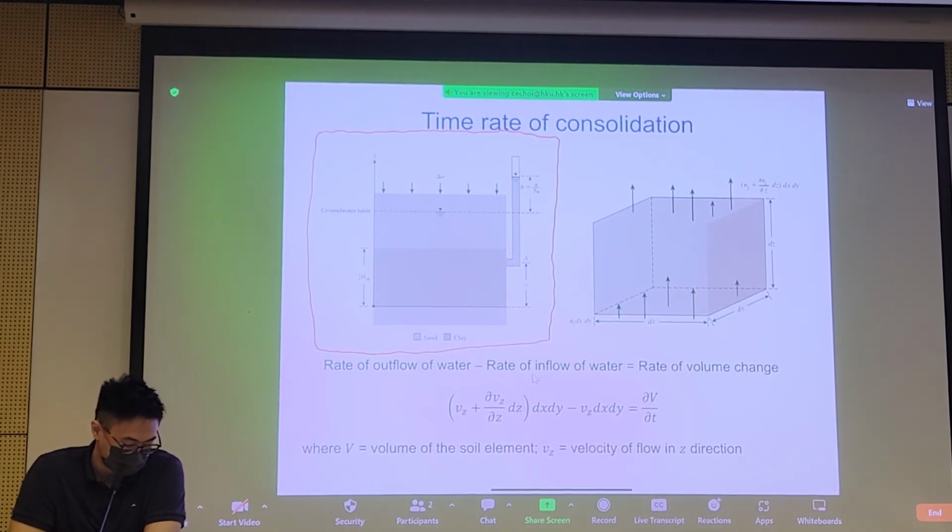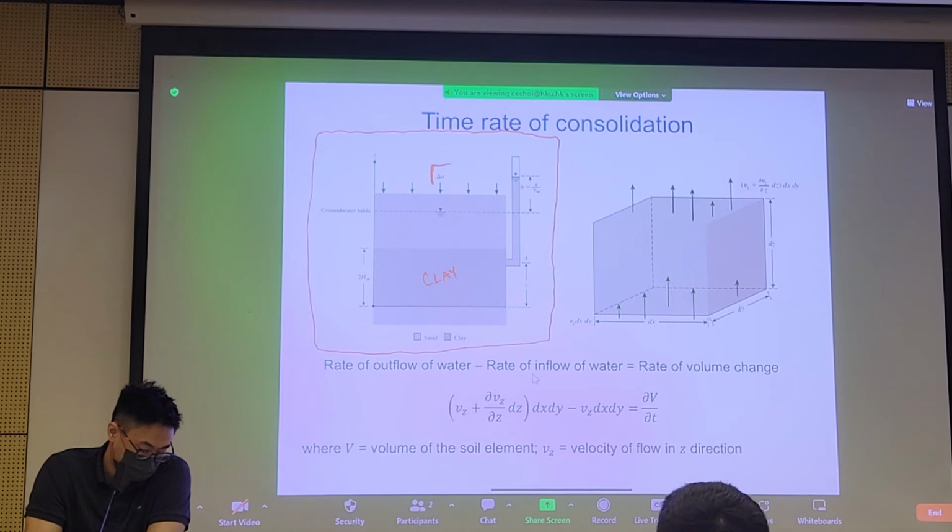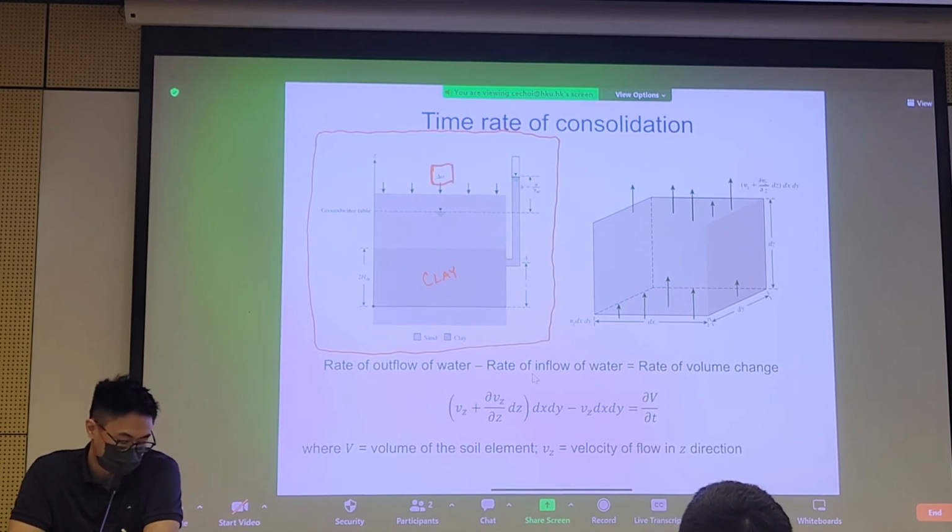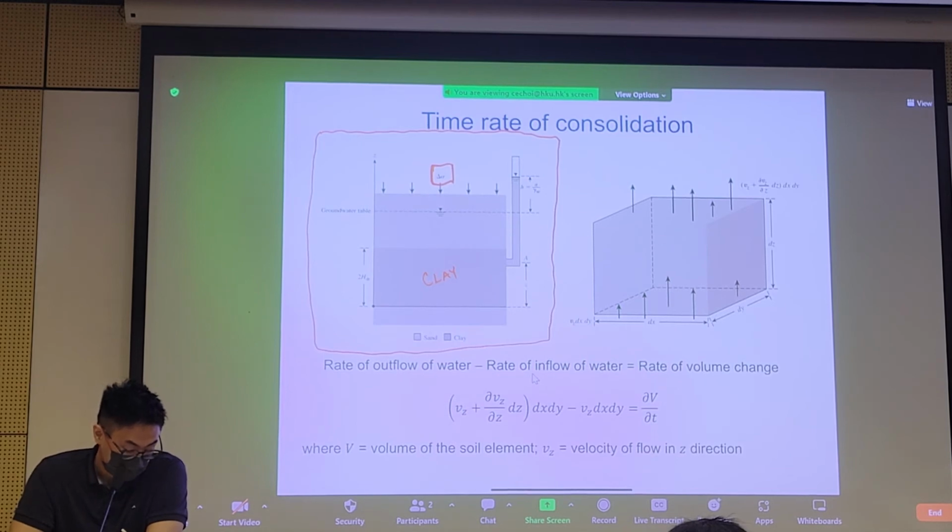Essentially what we're interested in is how this clay layer here will consolidate with time. And everything underneath the water table is of course saturated, and we apply some sort of total stress, and we assume that this total stress is entirely transmitted to the clay layer.